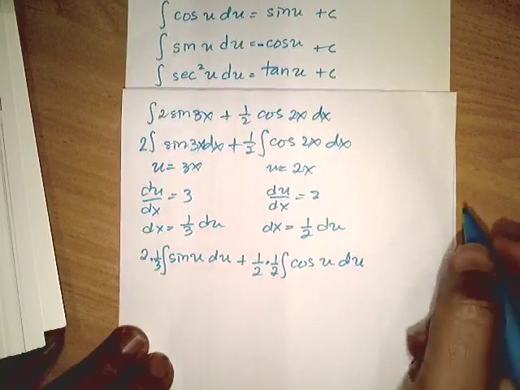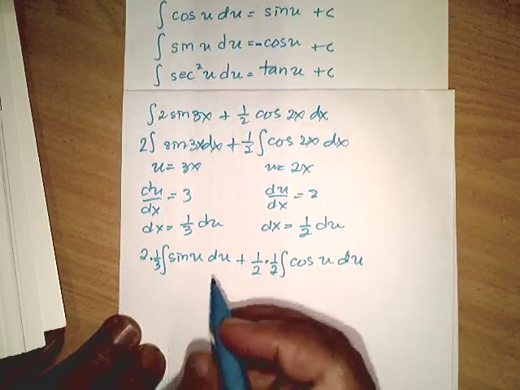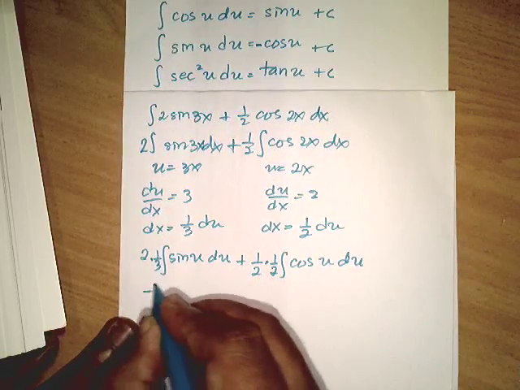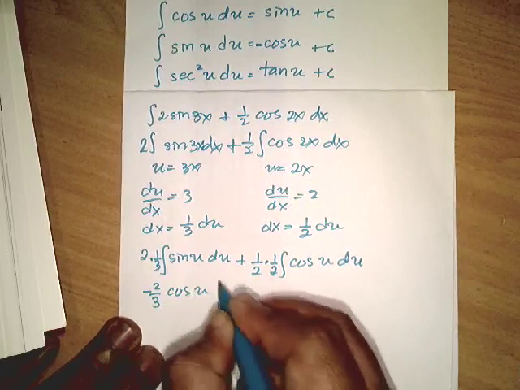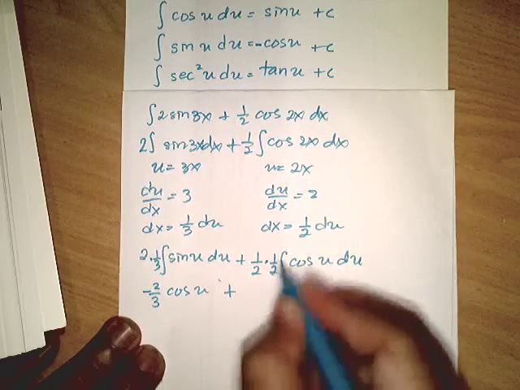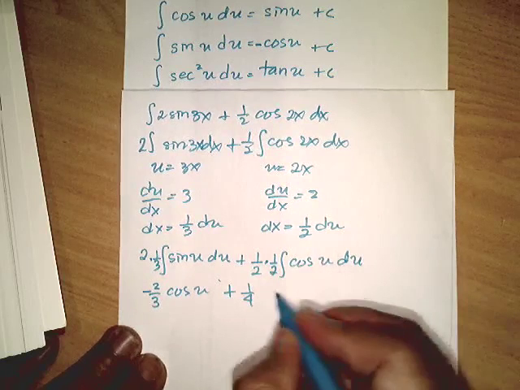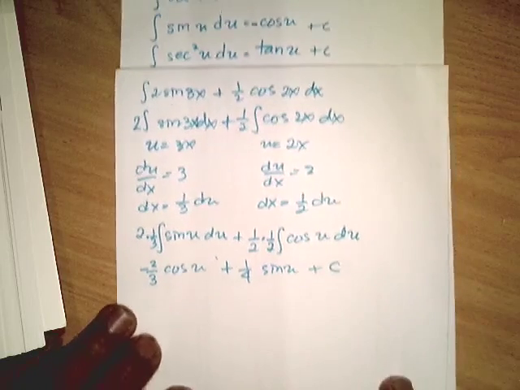The integral of sine is negative cosine. So this one will be equal to negative 2/3 cosine u plus 1/4, since the integral of cosine is sine u, plus some c.